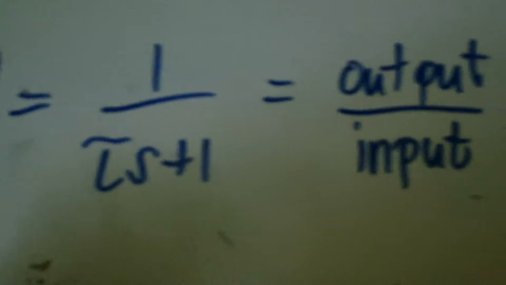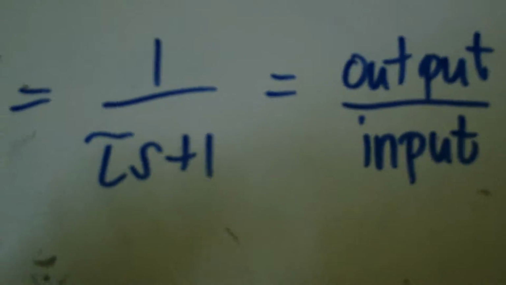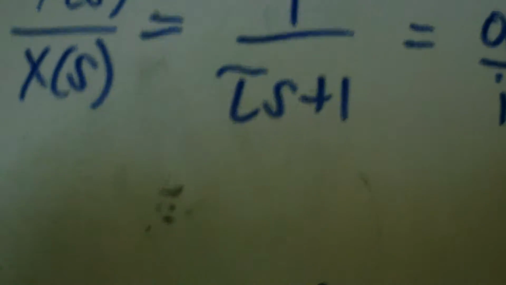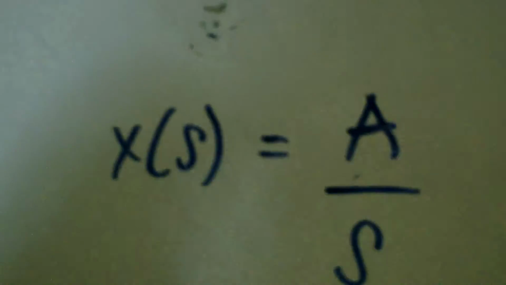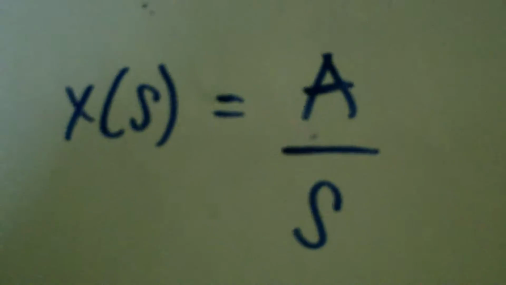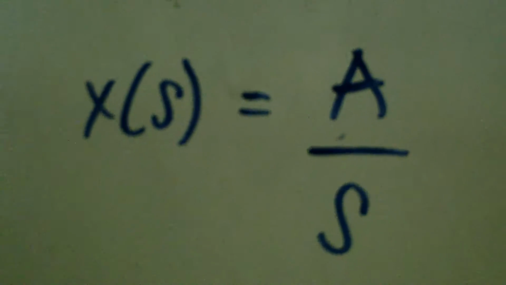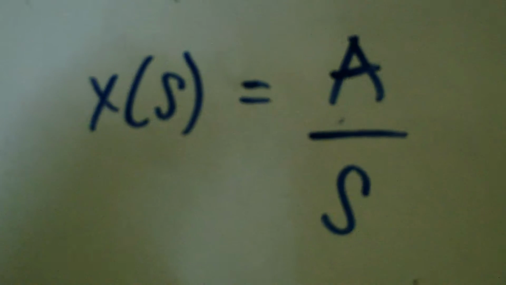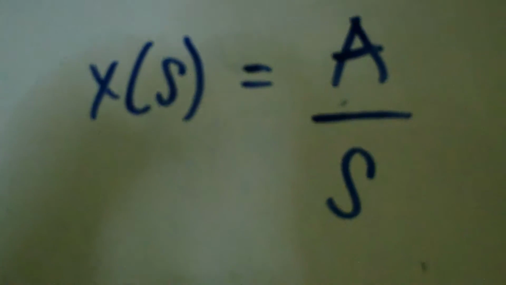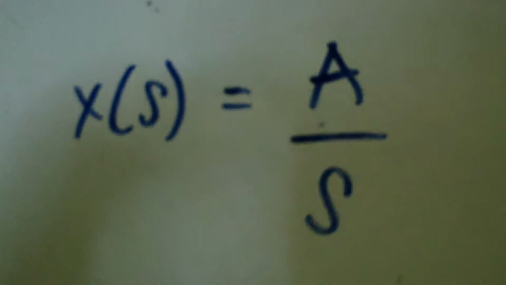If a step change of magnitude A is introduced into a first order system, then X(s) would be equal to A over s.